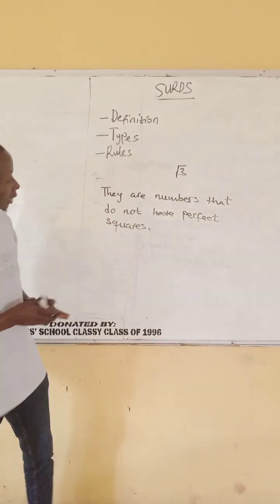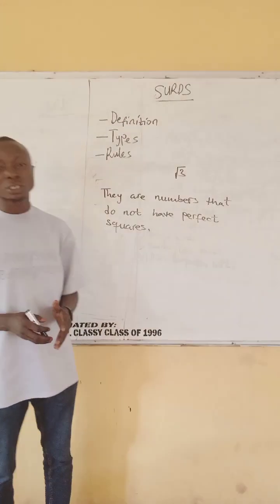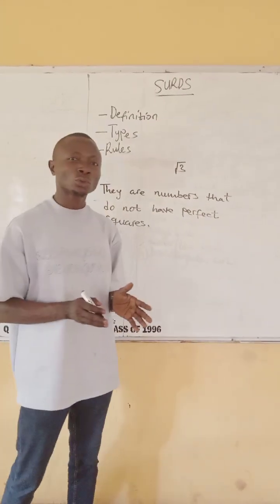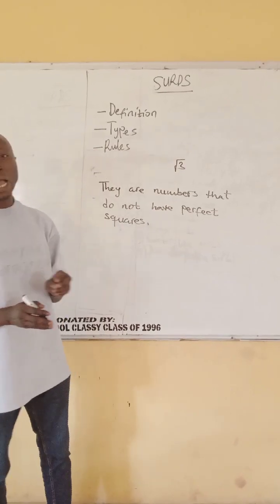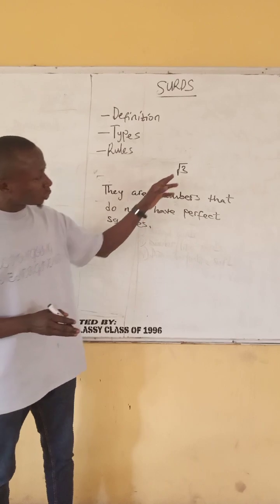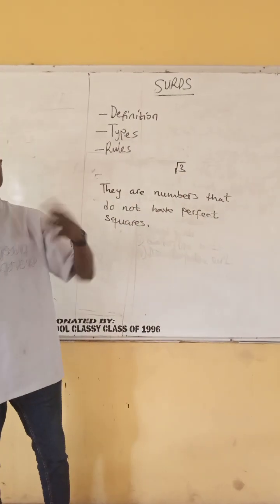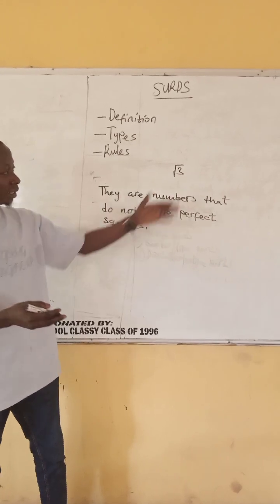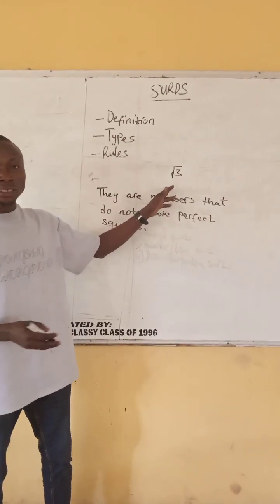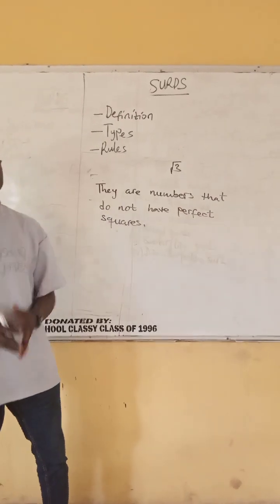In another sense, we can define surds as numbers whose values are unending. How do I mean? By the time you punch this on your calculator to determine the square root of 3, the answer provided will occupy the screen of the calculator.